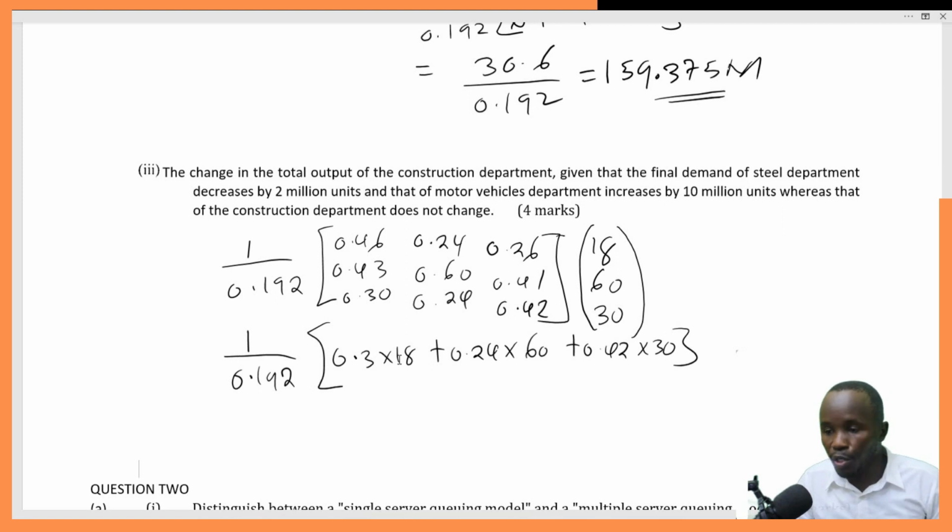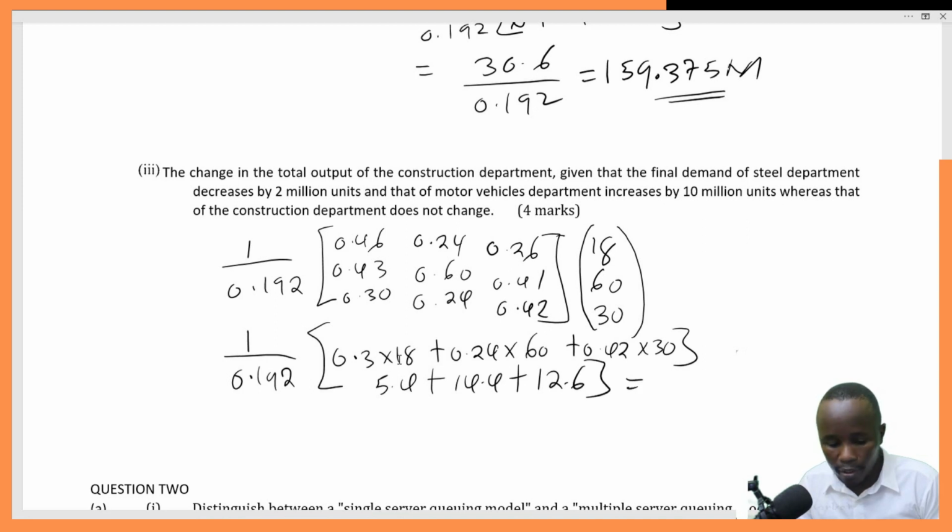Let's check the values here. 0.3 times 18 gives me 5.4, plus 0.24 times 60, which gives me 14.4, plus the next, 0.42 times 30, which gives me 12.6.